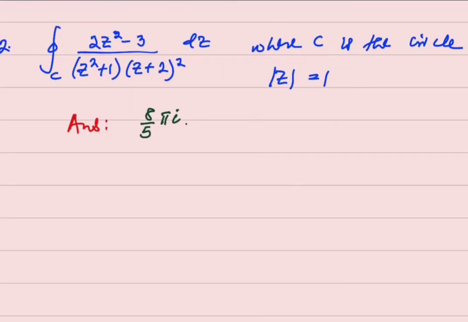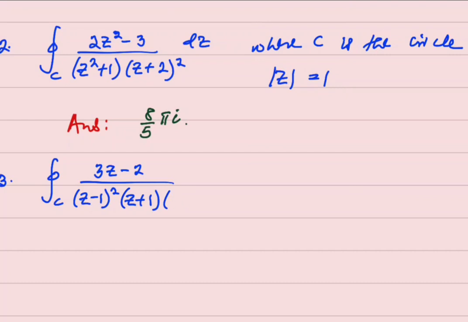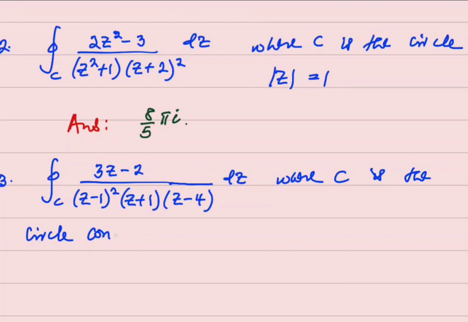Let me give another one so that it will make 3. So the third one. We have integral of (3z minus 2) divided by (z minus 1) everything squared, (z plus 1), (z minus 4), dz, where C is the circle containing z is equal to plus or minus 1.